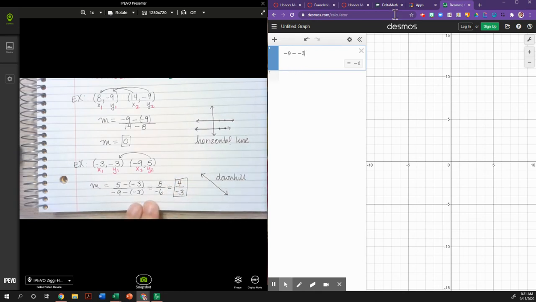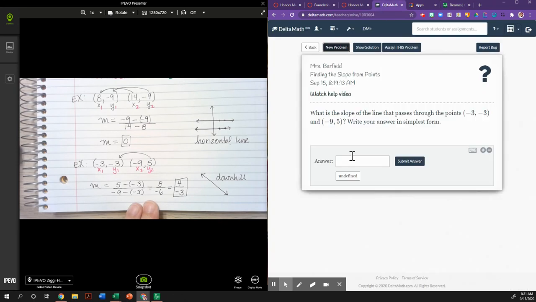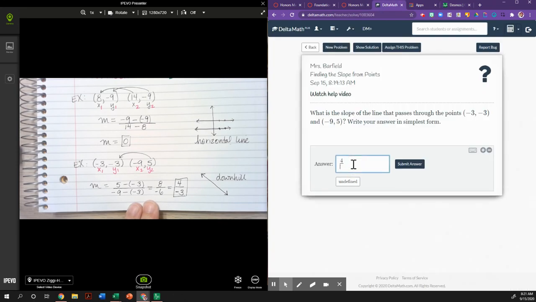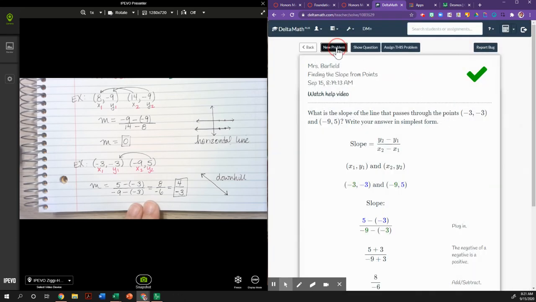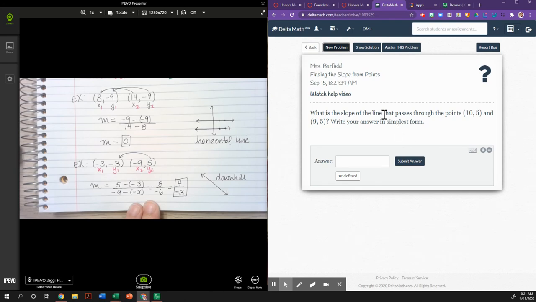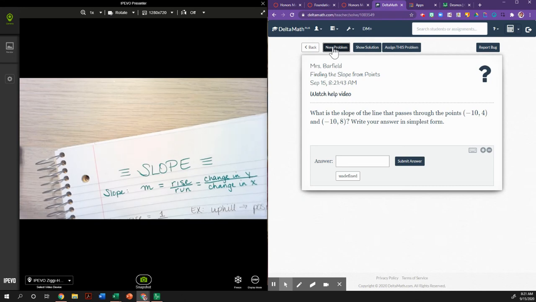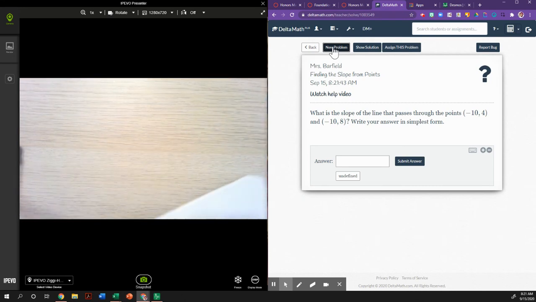So let's go back here to Delta Math. 4 divided by negative 3. Submit. Got our question. Check mark. Let's see if I can get a problem to solve. There we go. This is going to be our last problem.